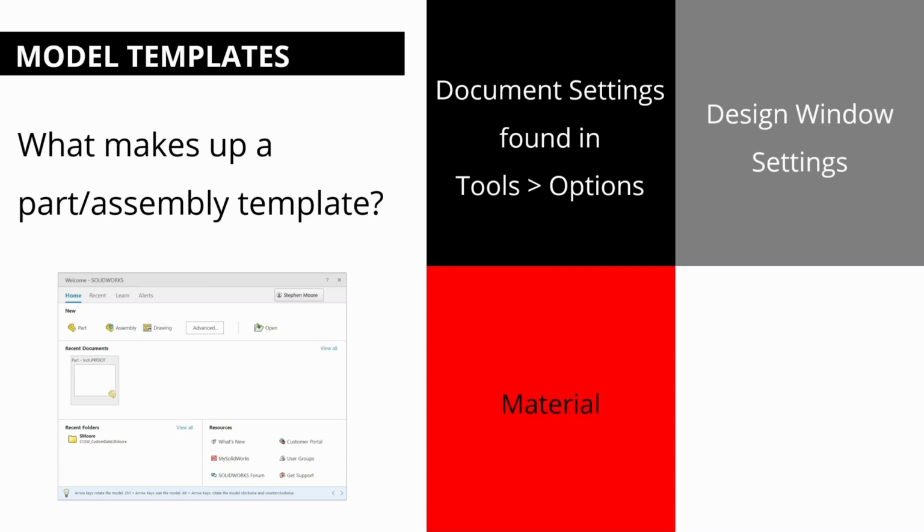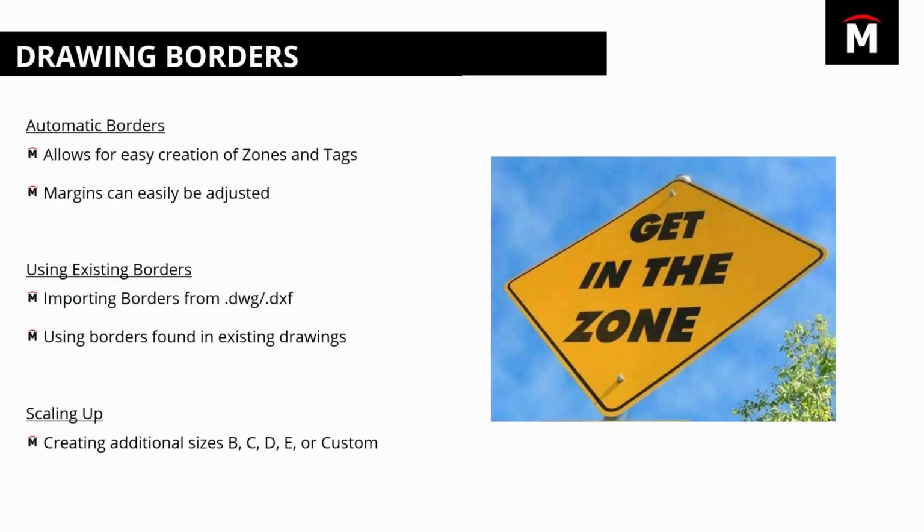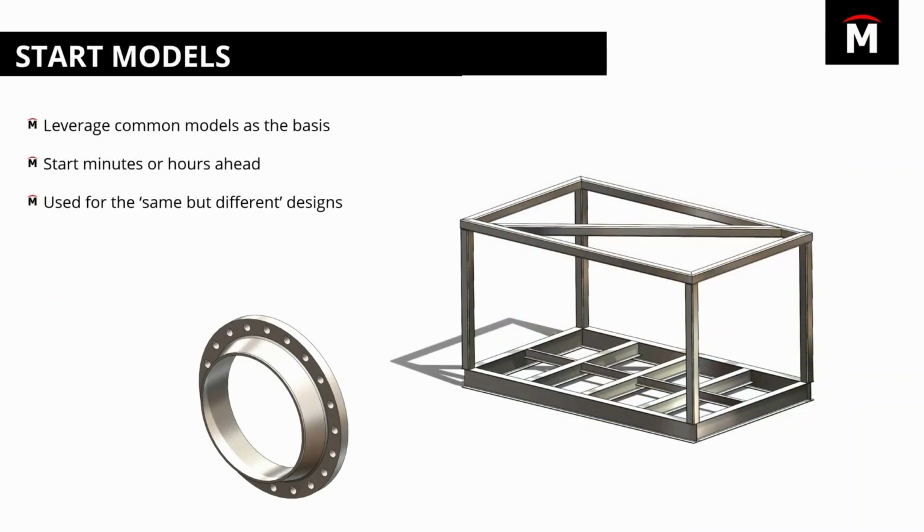We then went through the materials as well and made sure that that was in our start component, and we reviewed our start part information to go to the next level of efficiency. Automatic borders are very easy. We can scale them up and scale them down as well. We can also use our start models and make sure that that is going through.